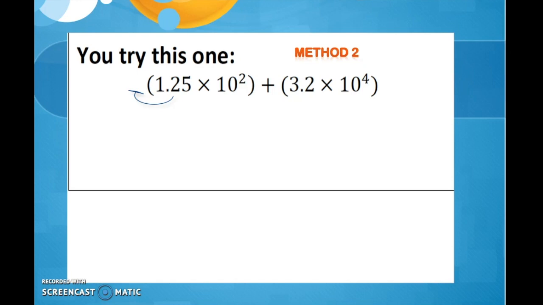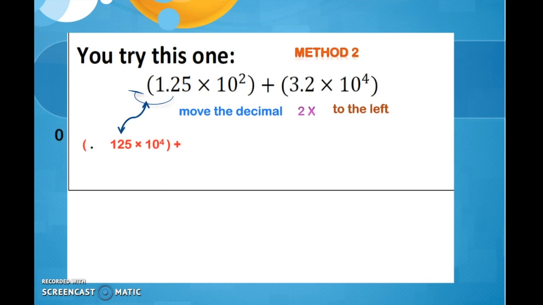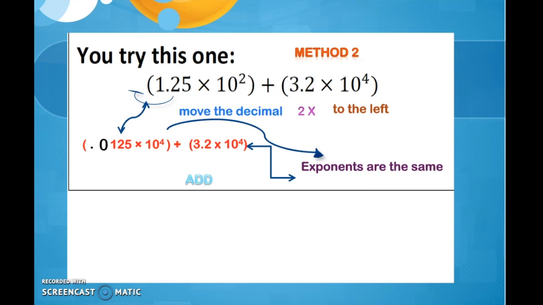So I'm going to move my decimal over to the left 2 times, giving us our answer in standard notation, because this is the only way, if we move the decimal, to get our powers the same. So now all I have to do is add the two factors together because our powers are now the same. So let's add.